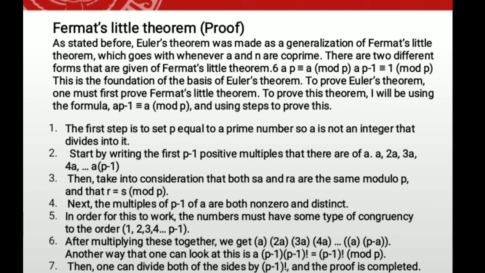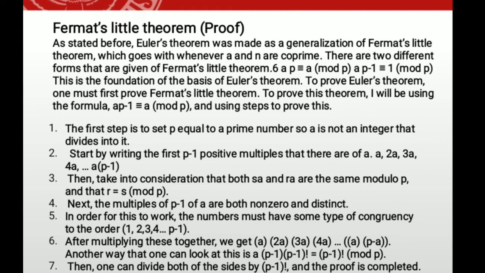Then, take into consideration that if sa and ra are the same modulo p, then r is equal to s mod p. Next, the p minus 1 multiples are all non-zero and distinct. In order for this to work, the numbers must be congruent in some order to 1, 2, 3, 4, up to p minus 1.